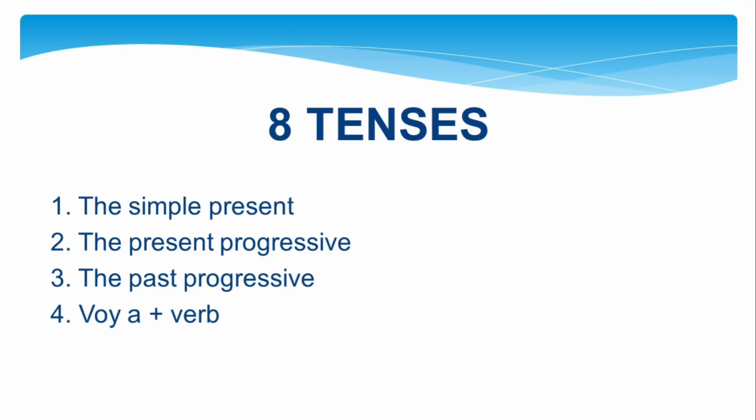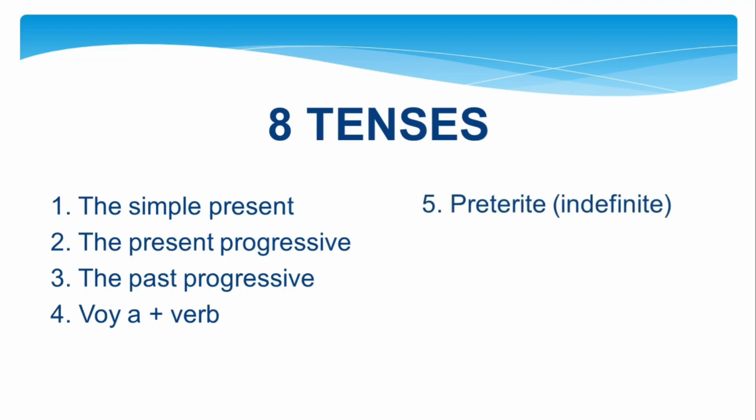Number 4, voy a plus a verb, indicating plans and predictions for the future. You only need to conjugate the verb go, which is ir, in the simple present. This is an irregular verb. And then plus the preposition a plus the verb in the infinitive form, in the base form, ending in ar, er, or ir. This is very simple.